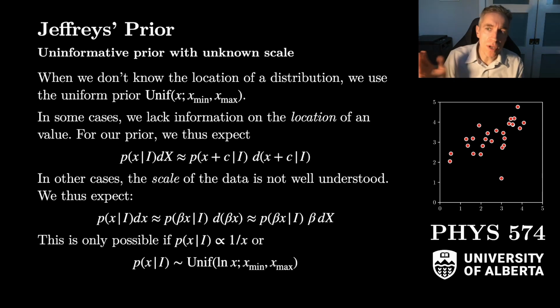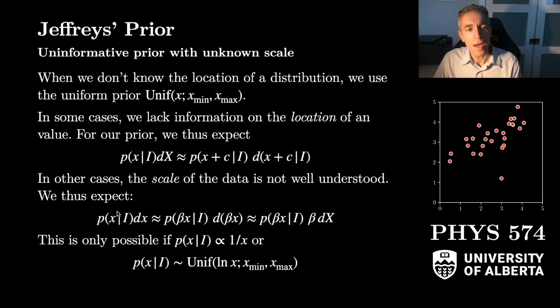But we don't actually know where it is on this scale parameter, so we write down in a similar sense, we say that p of x given background is going to be approximately equal to p of beta x, where beta is some real number that's scaling my factor, and then we expand the differential here to get p of beta x times beta dx is going to be equal to p of x.